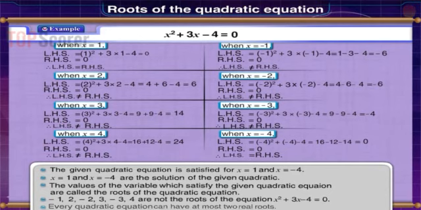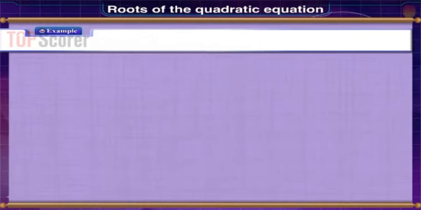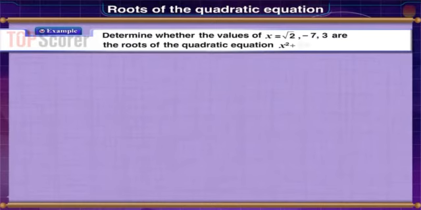Let us solve an example to find the roots of the given quadratic equation from the given values of x. x squared plus 5x minus 14 equal to 0 is a given equation. The values of x are given as root 2, minus 7 and 3. We have to find out which of these values are the roots of the equation and which are not.